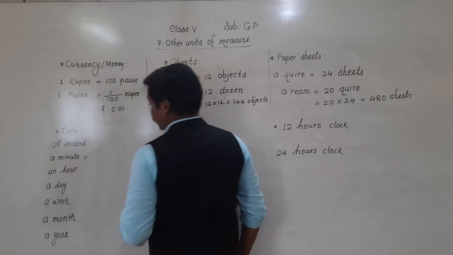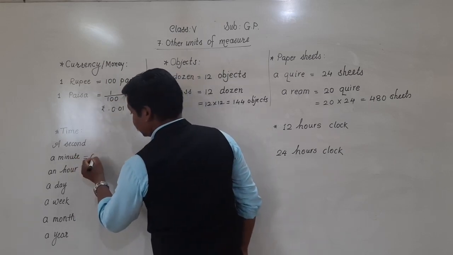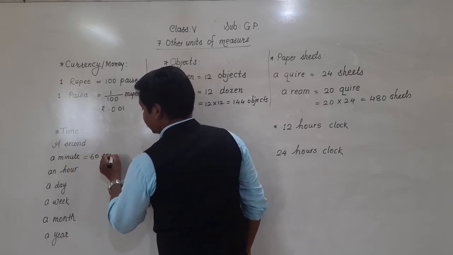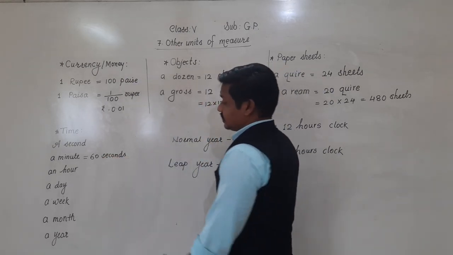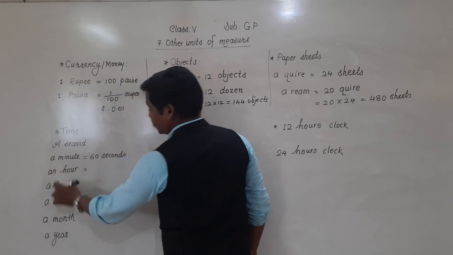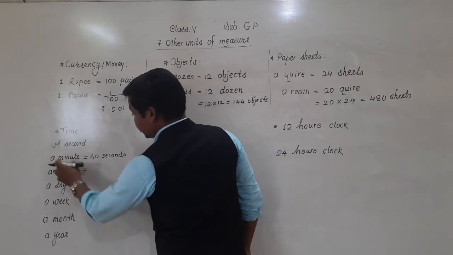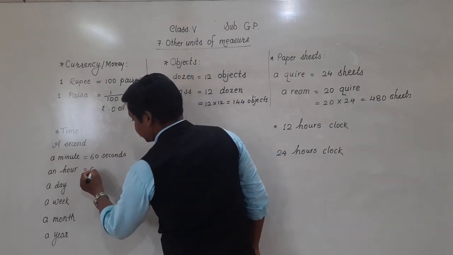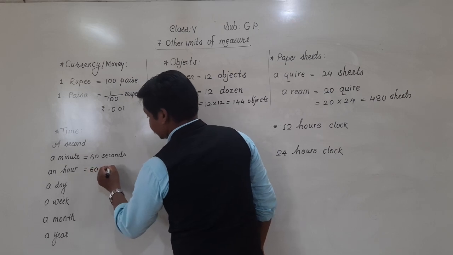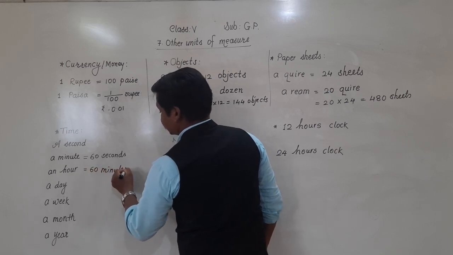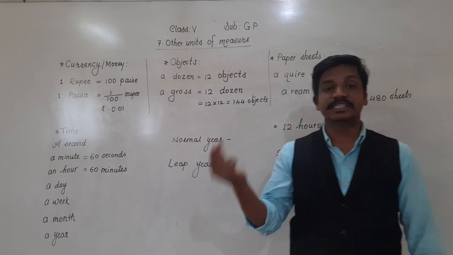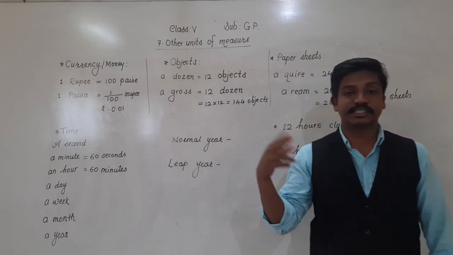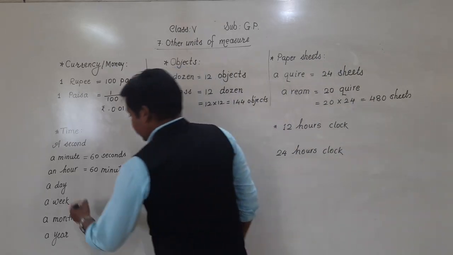How many seconds make a minute? 60 seconds is equal to 1 minute. Then the next unit is the hour. 60 minutes make 1 hour. So 1 hour is equal to 60 minutes, and 1 minute is equal to 60 seconds.